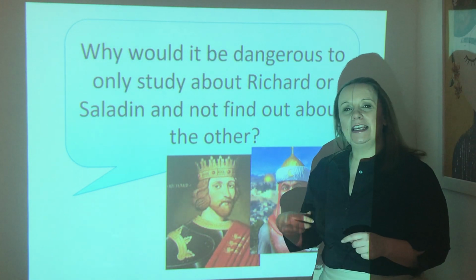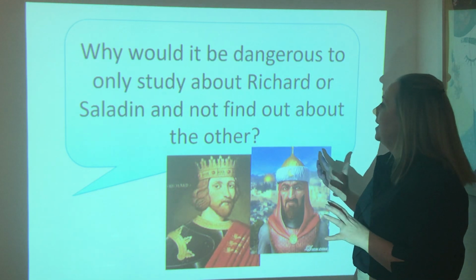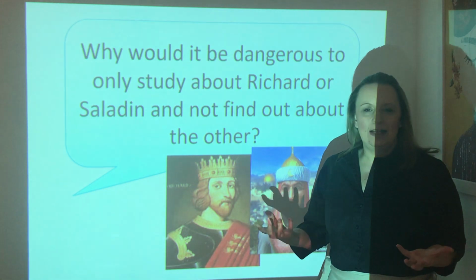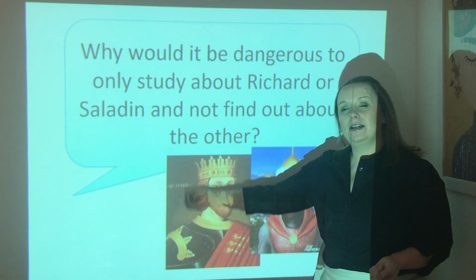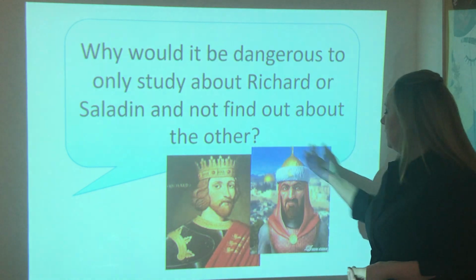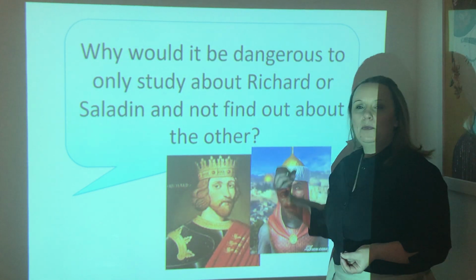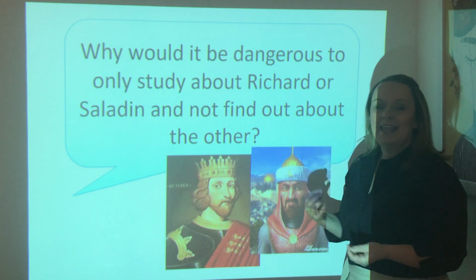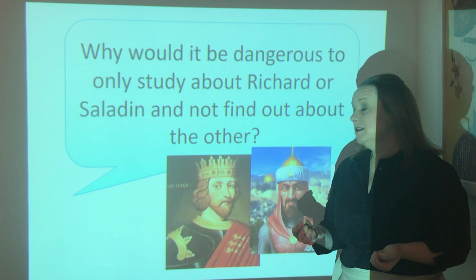So hopefully you've come up with this idea that you need to know both sides of an argument so that you know exactly what happened. We know that idea of bias if you've got a one-sided argument. We also need to know maybe how they both think, and what we find out is both of them are actually thinking very similar things.